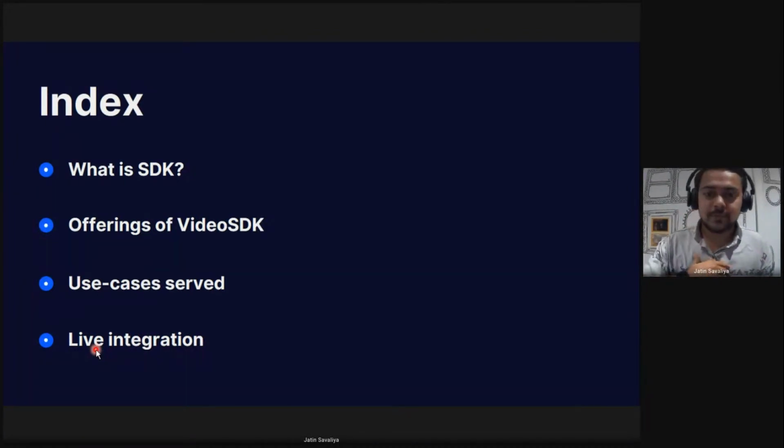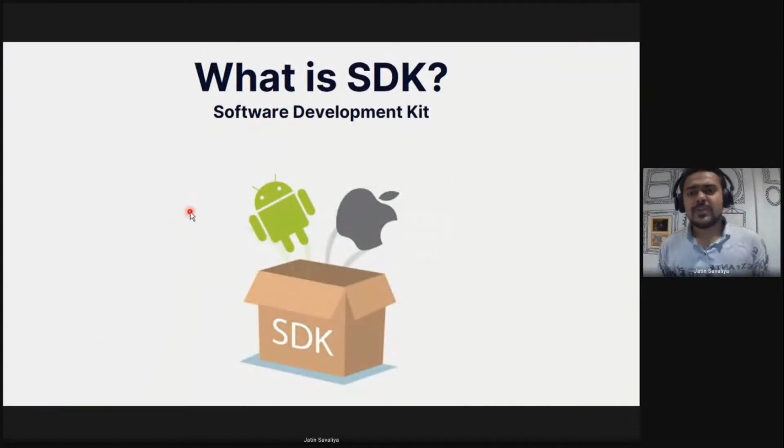So let's move on. Basically, what is an SDK? It is a software development kit. Let's take one simple example. I have an application in which I want video calls, whether one-to-one video calls or small video meetings.